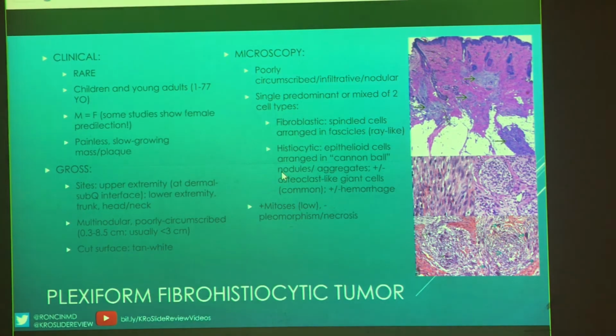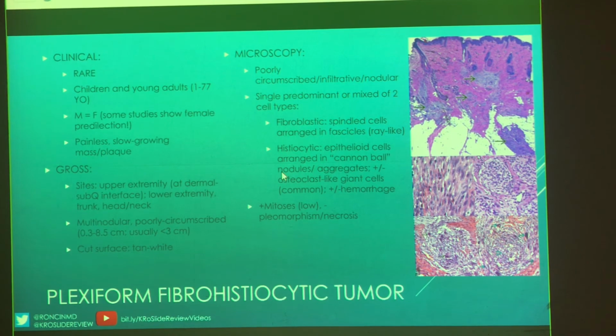Again, a rare lesion, in children and young adults. It's almost like dealing with Lego, where it says ages 1 to 77. No sex predilection, but there are some studies out there that do show female predilection, so something to keep in mind. These are painless, slow-growing masses, or they can be plaque-like in appearance.